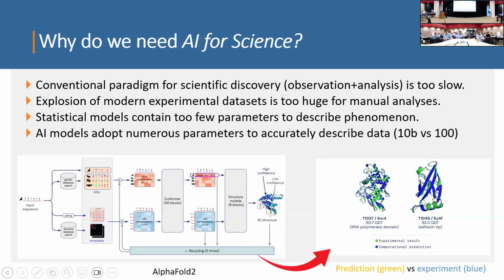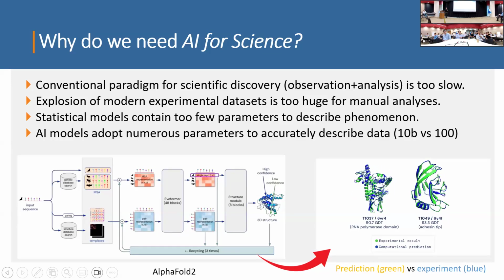This happened about 4 years ago, in 2020, in the CASP competition, the Olympic game. It's a blind test, and the result really tells us how AI can make a breakthrough on this well-defined biological problem.